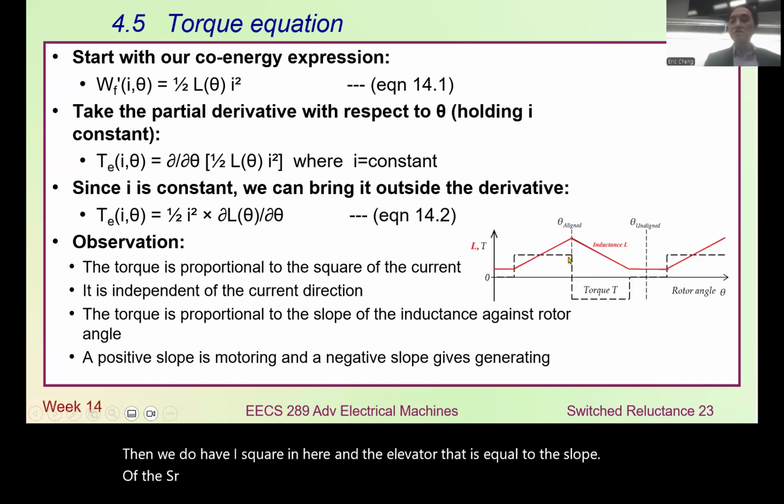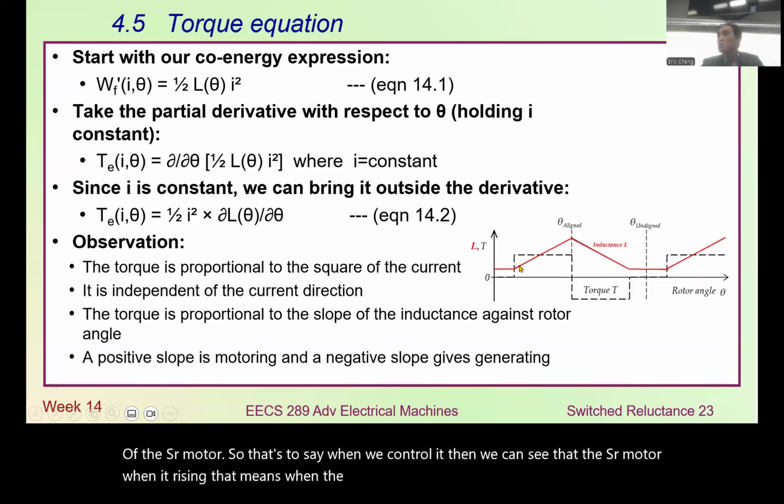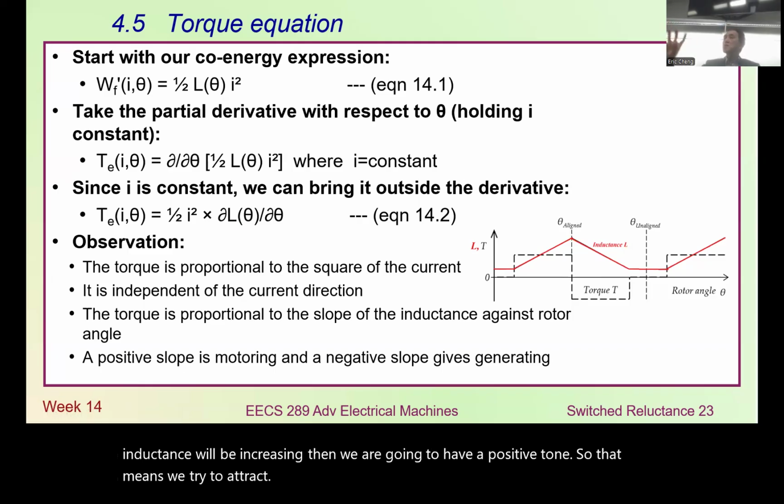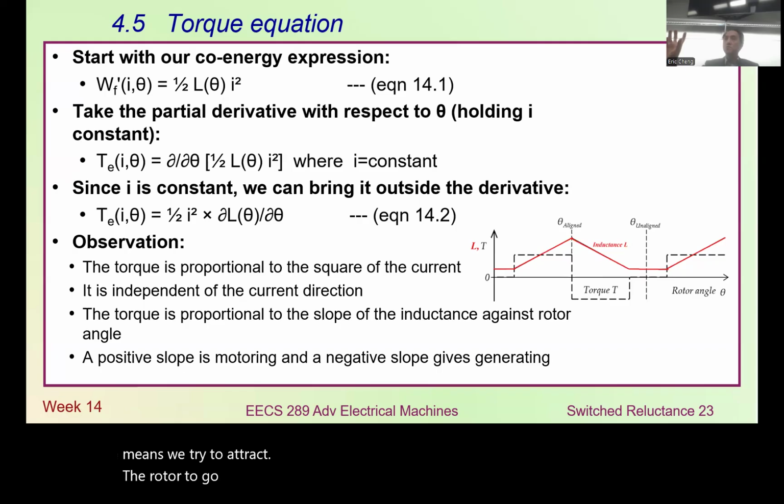So that's to say, when we control it, we can see that when the inductance is rising, that means when the rotor approaches the alignment, then the inductance will be increasing. Then we are going to have a positive torque. That means we attract the rotor to go to alignment to enforce the rotation.